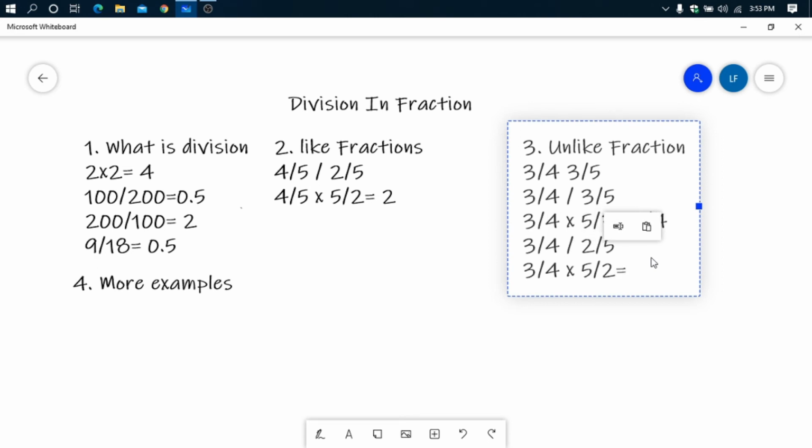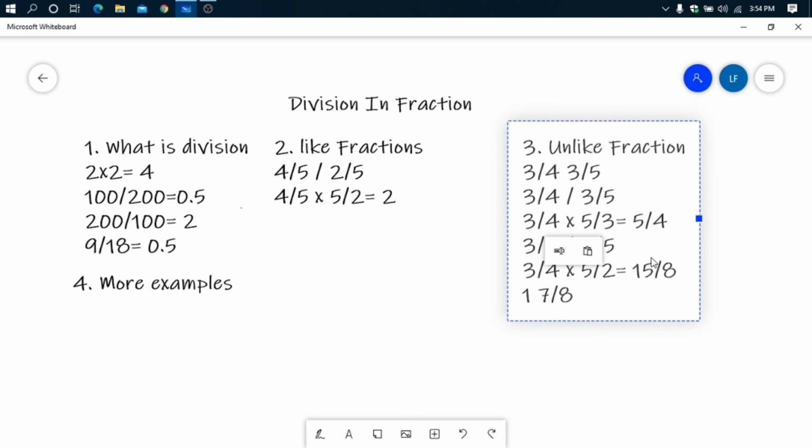Now, you may be thinking, since you can't cancel anything out, what am I going to do? Well, it's easy. You multiply the numerators and you multiply the denominators as we learned in multiplication. So 3 into 5 becomes 15 by 2 into 4, which is 8. We can convert this into an improper fraction, which is 1 7 by 8.